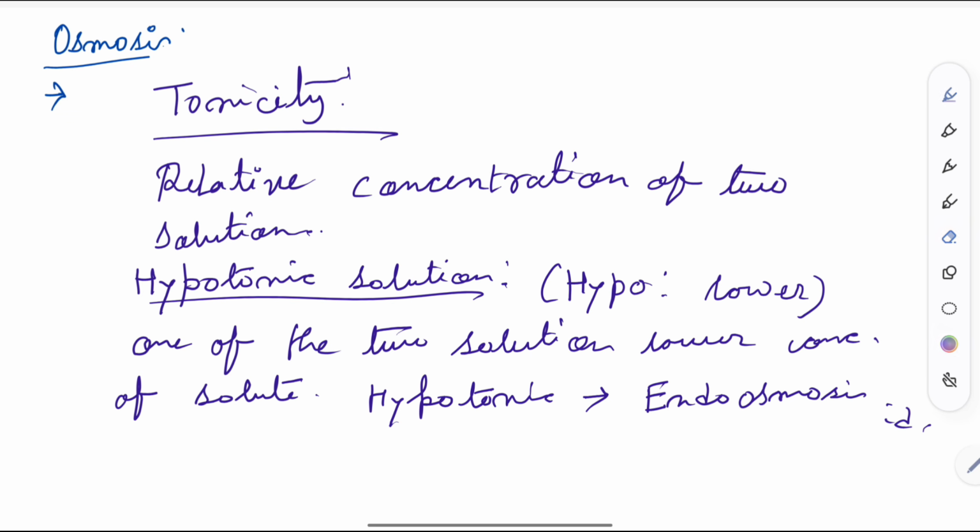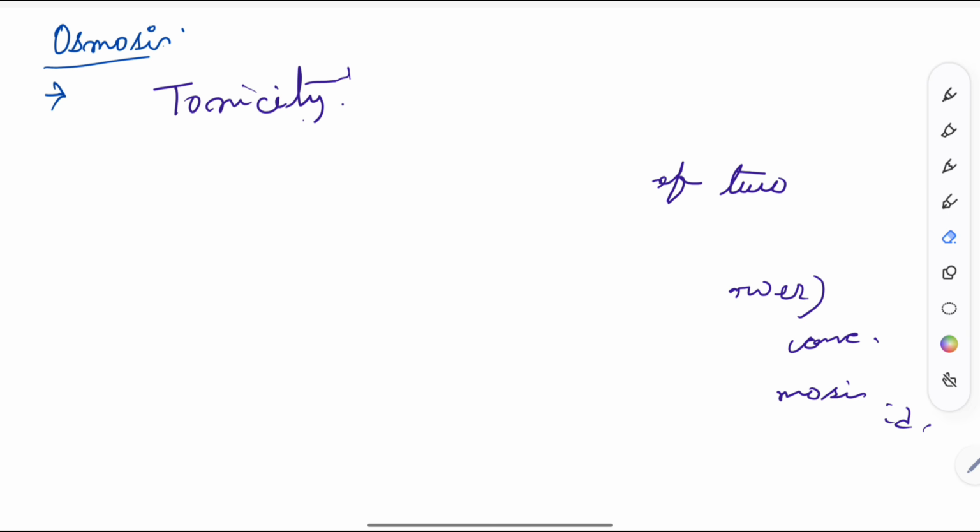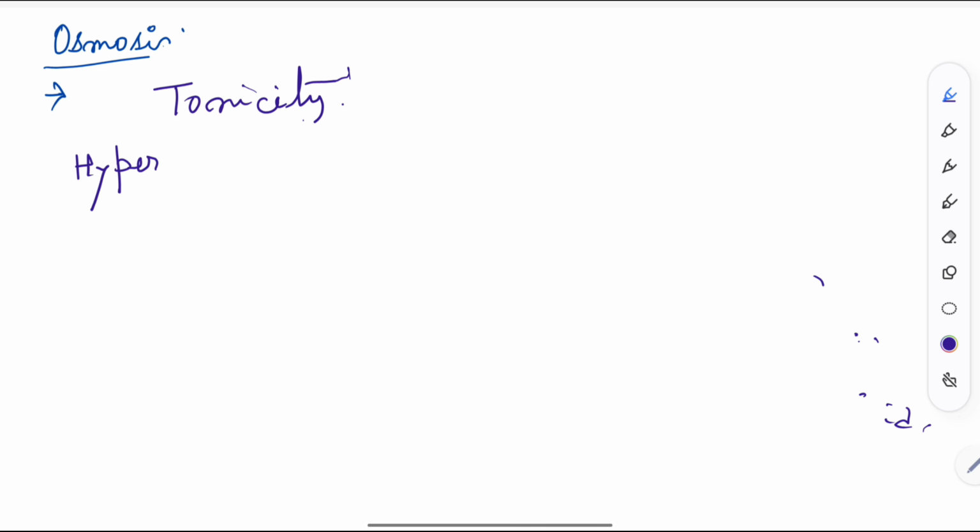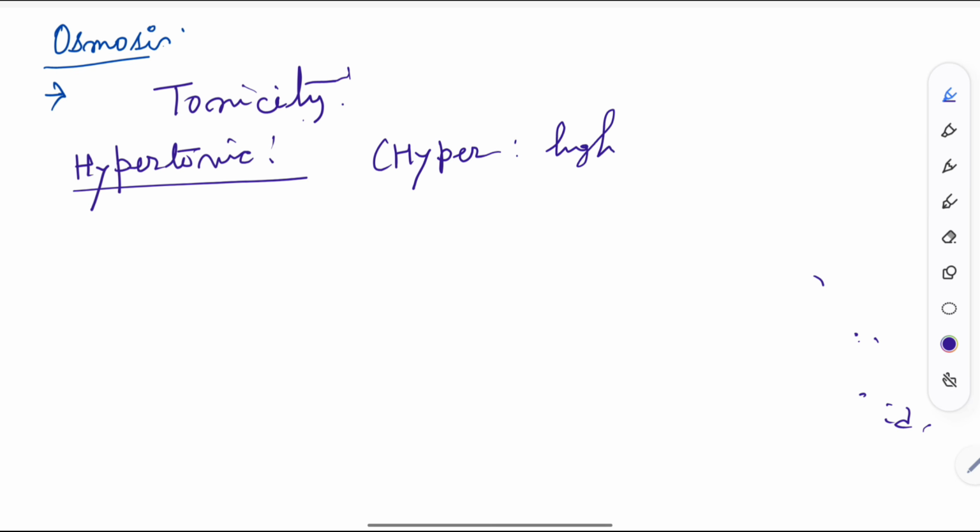Fine. Same way, there is hypertonic solution. Hypertonic solution is just the opposite of hypotonic solution. Hyper means higher. These two words just sound similar. Hyper is equivalent to higher. Here, it is the one of the two solutions which has higher concentration of solute.